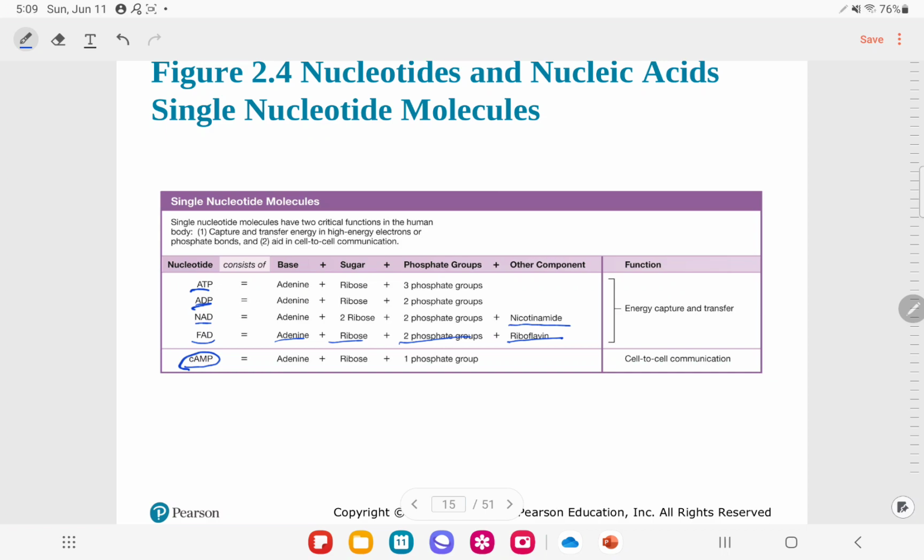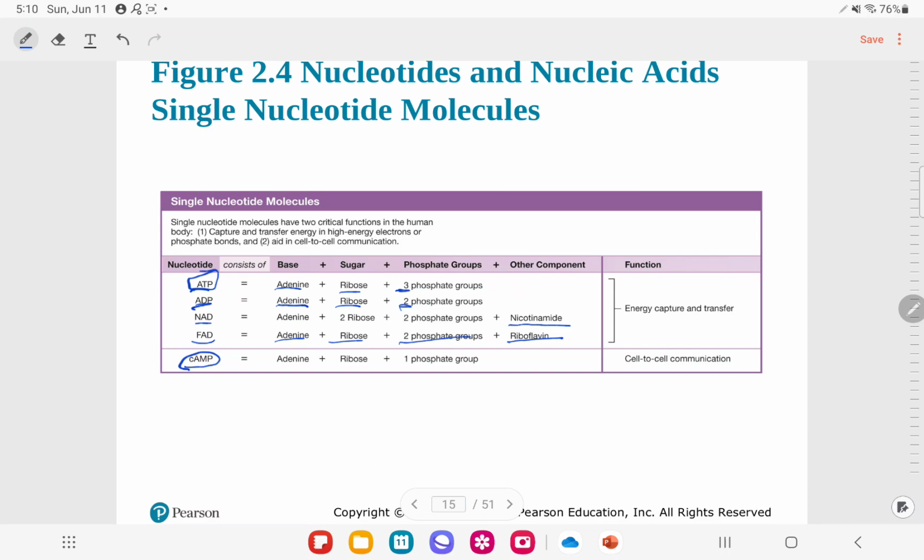But the more specific ones that you'll really be seeing are going to be ADP and ATP. ADP is, again, adenine as the base, ribose as the sugar, and 2 phosphate groups. Adenine diphosphate is what it's called. And then ATP, adenine triphosphate, because we have 3 phosphate groups. Again, we still have adenine as the base, ribose as the sugar, and 3 phosphate groups attached to this.